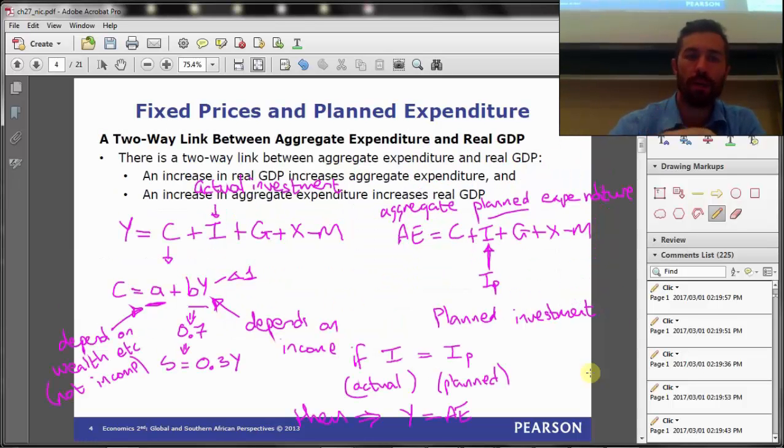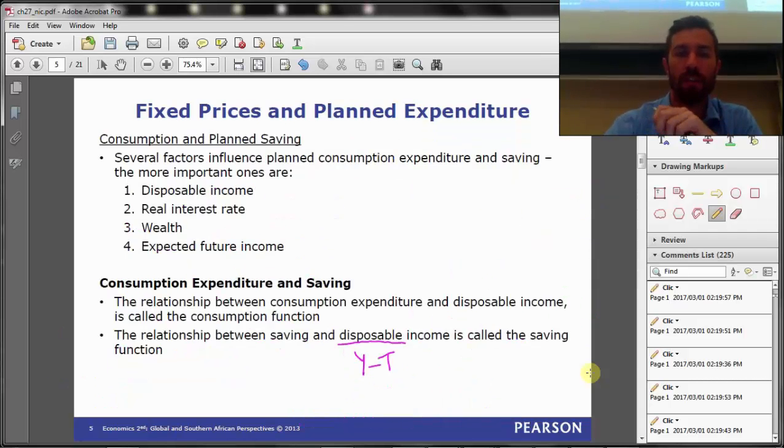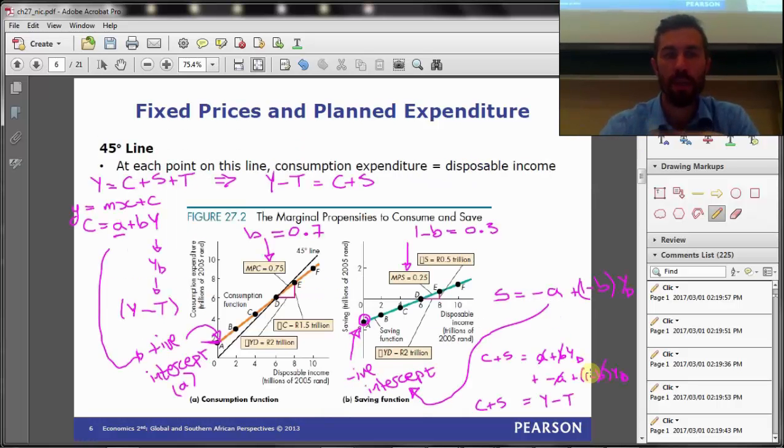Our Keynesian model, which distinguishes between expenditure and output and focuses on the expenditure side, said, let's look at each of these components of expenditure and focus specifically on consumption, and let's make consumption a function of output itself, in other words, income. Consumption is a function of income, and we rearrange our equation.